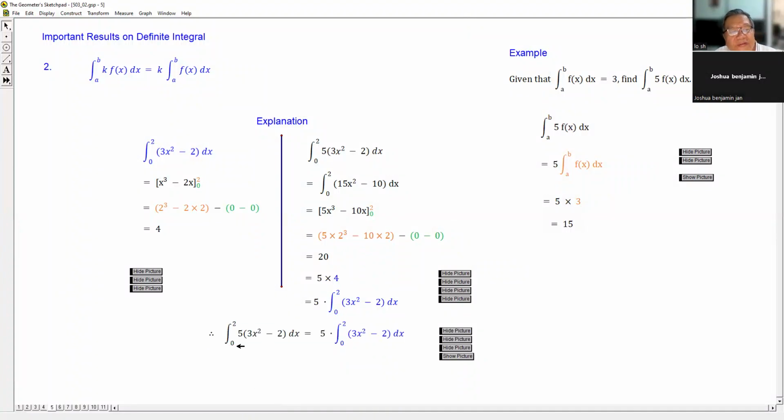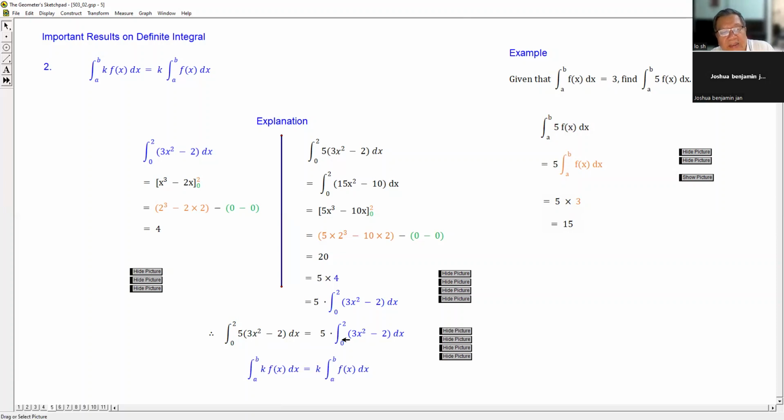So if you want to integrate this thing with the 5 in front, you don't need to multiply inside and integrate, which is not necessary. You can take out the 5, then integrate.